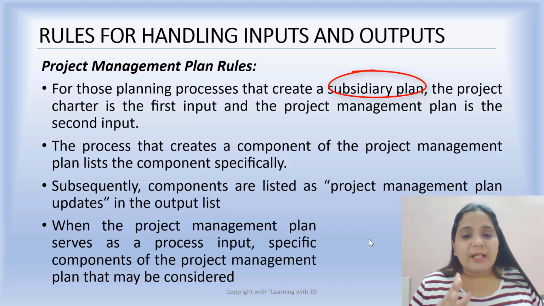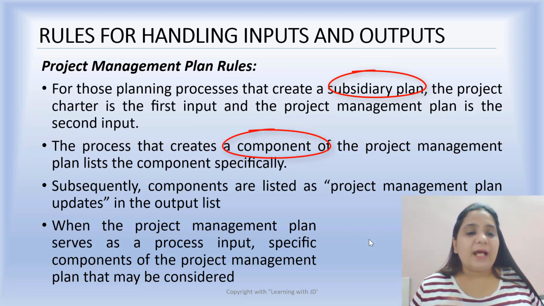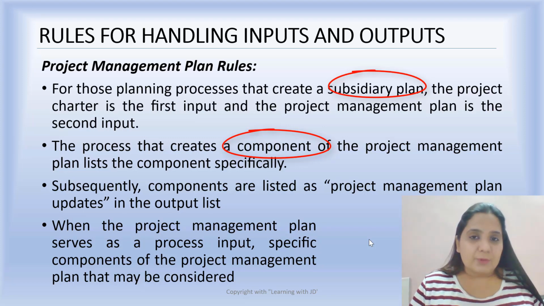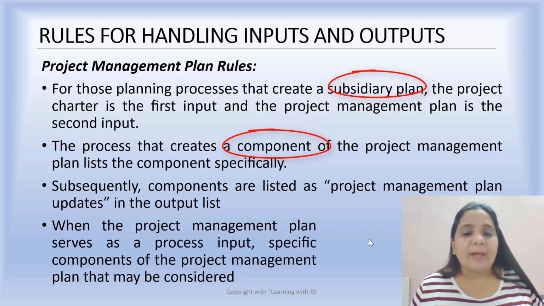The process that creates a component of the project management plan lists the component specifically. Whichever component a process creates for a project management plan, it mentions that component specifically. For example, a quality process creates a quality management plan.